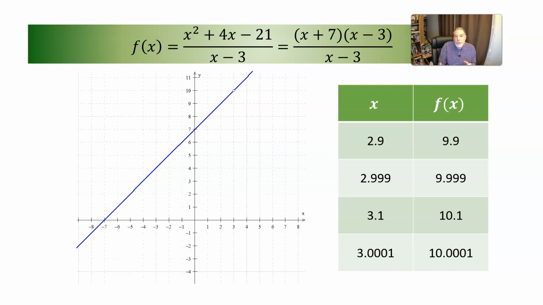If you put in 3.0001, you get 10.0001. So it's kind of like our earlier dumb game. Whoever goes first, you plug in a number, you get out a value that's close to 10, but then the second player can plug in a number that's even closer to 3 and get out a value that's closer to 10.